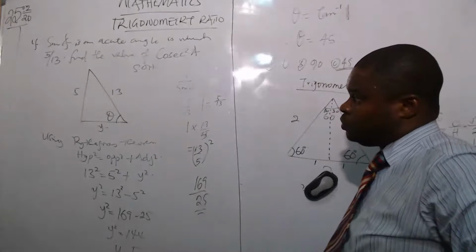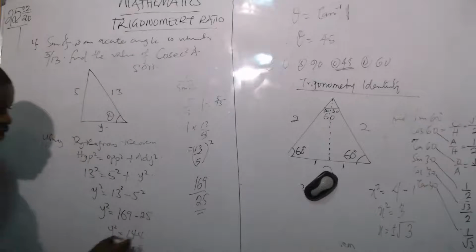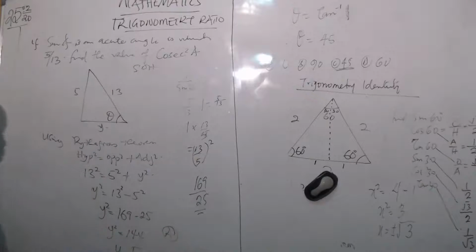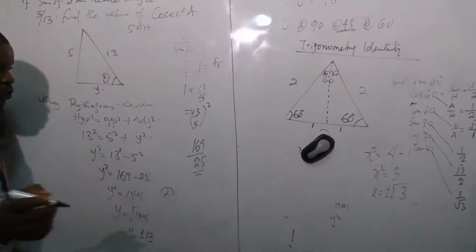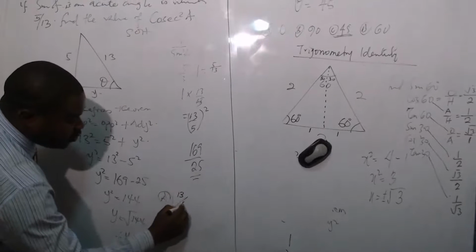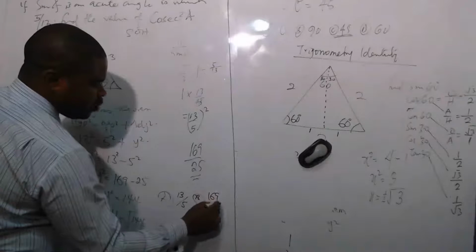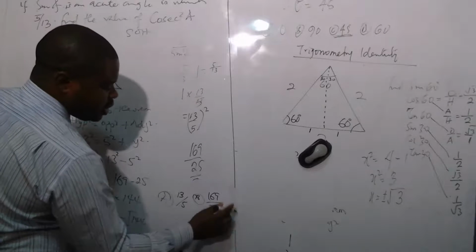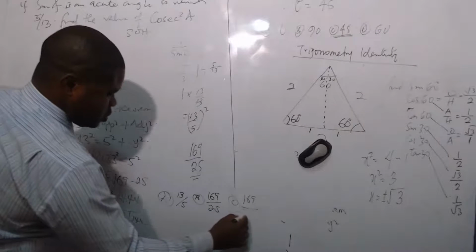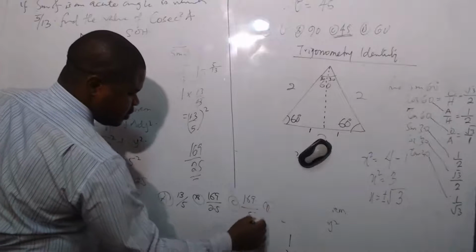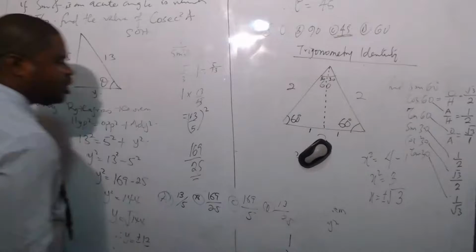Take note of this question. In the options, they have: A. 13/5, B. 169/25, C. 169/5, D. 13/25. JAMB, no student can make a mistake.